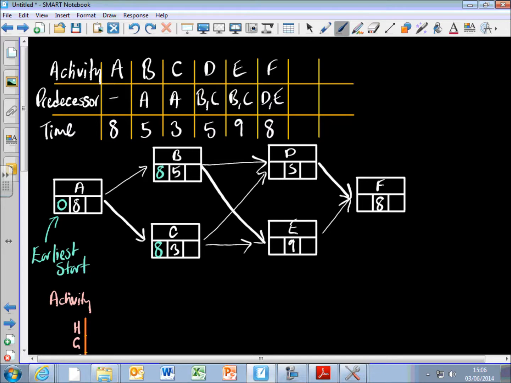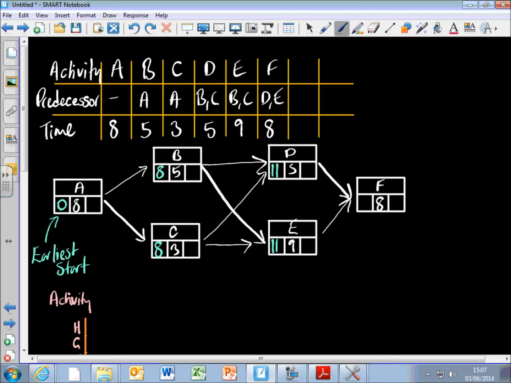D relies on C and B both being finished, so I'm going to pick the highest of the two numbers. I add the two numbers up: 8 add 5 is 13, 8 add 3 is 11, and I pick the largest because that's the earliest it could start, because it relies on both of them being done. And it's going to be the same for E as well because they both rely on B and C being done.